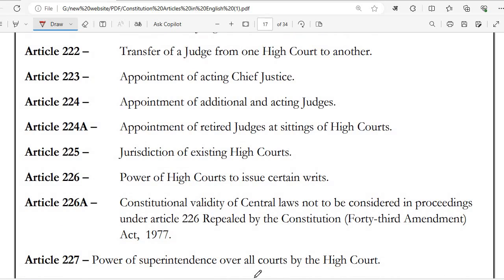Article 226 important, power of High Court to issue certain writs. Under Article 32 Supreme Court issues the 5 kinds of writs, and here the High Courts issue the writs.